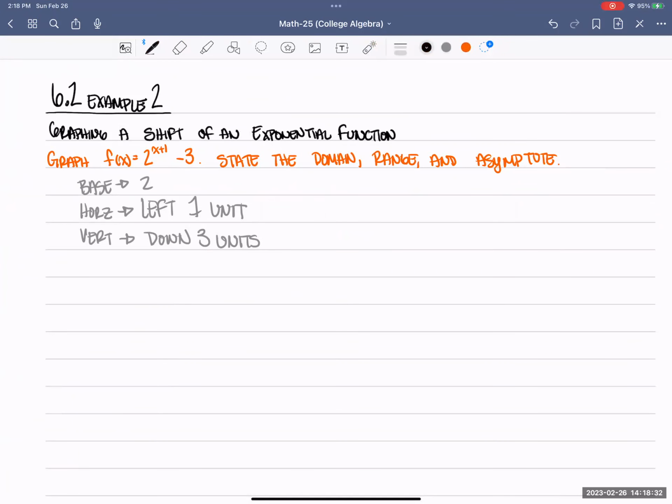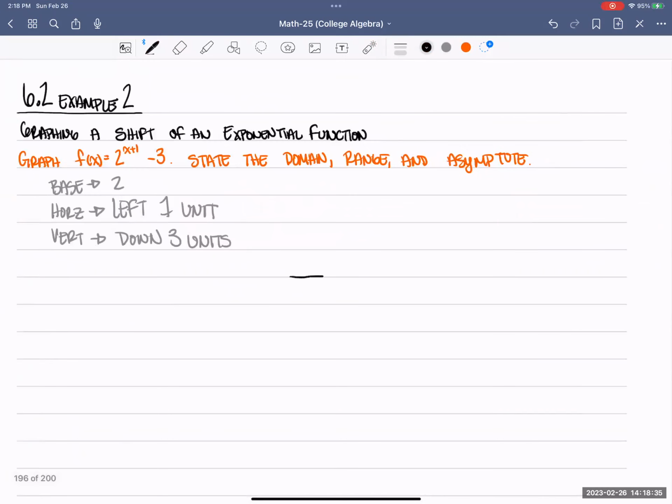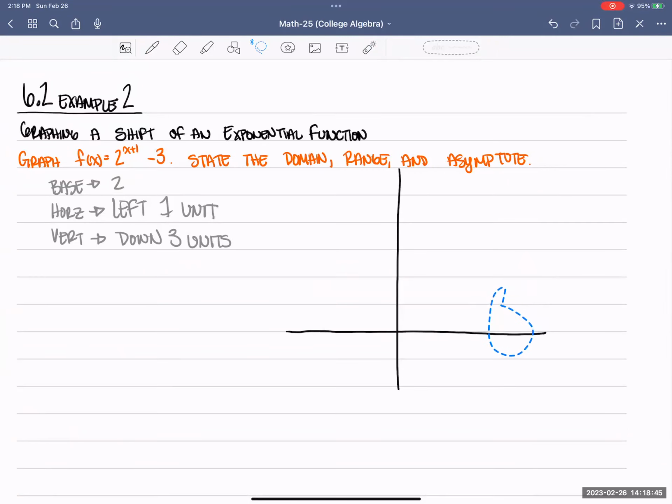And now let's get a rough copy of what our graph normally looks like without any shifts or translations. Here at 0, we're at 1. At 1, we're at 2. At 2, we're at 4. At 3, we're at 8.